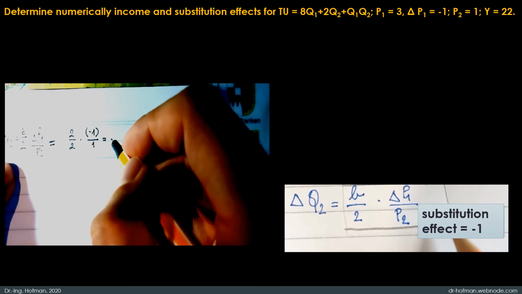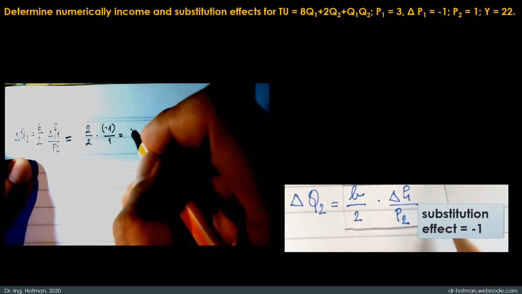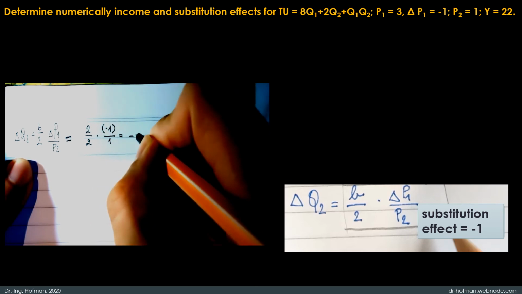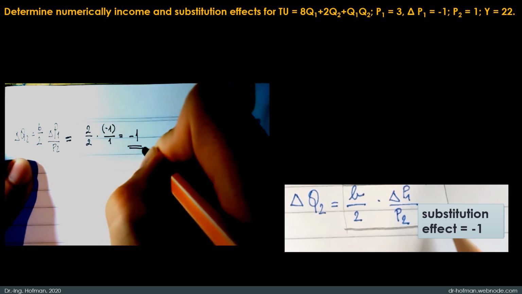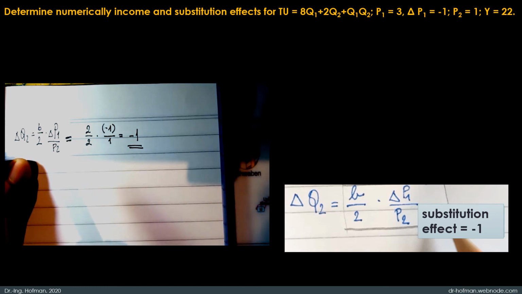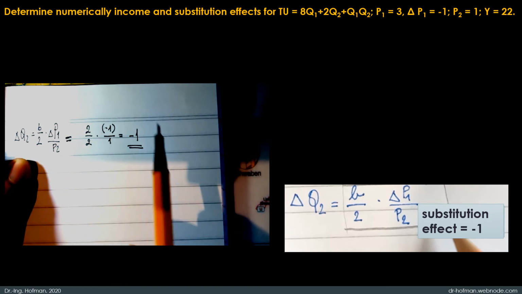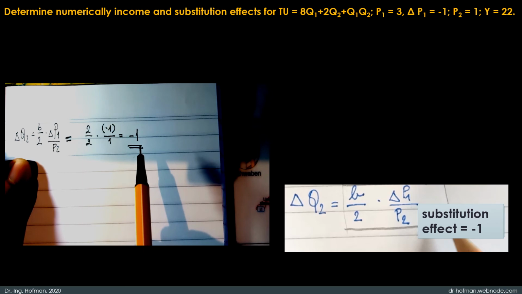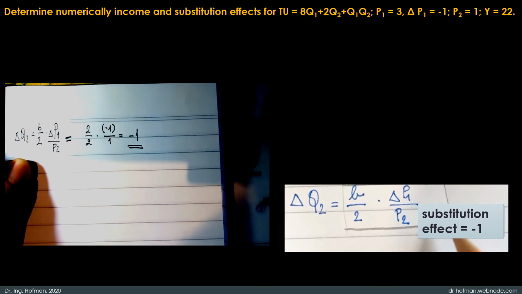This is minus 2 over 2, which is minus 1 completely. So the quantity of the second good changed downwards by about 1 piece. Minus 1 is the delta Q2.